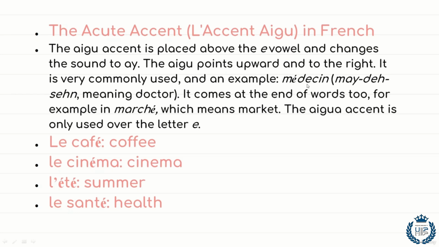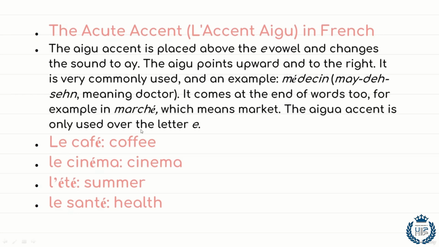Like when we say médecin, there is this slight Y sound there, but not really. And when it comes at the end of words, for example, like we said in marché, we pronounce the letter. In French, when it's just a typical E, it's usually not pronounced, but if it's with an acute accent, it is pronounced: marché.